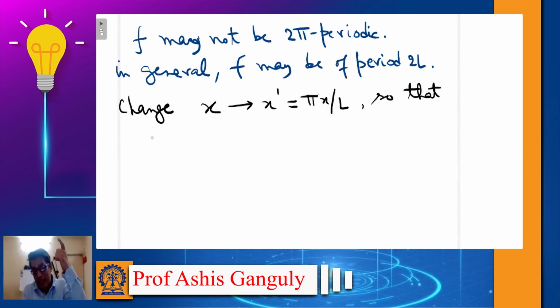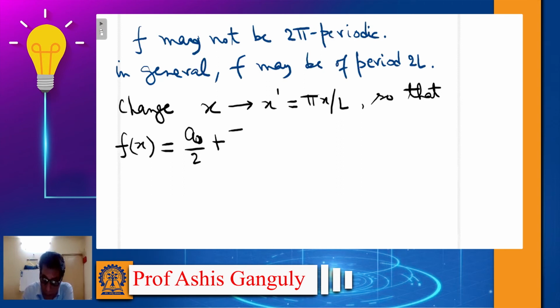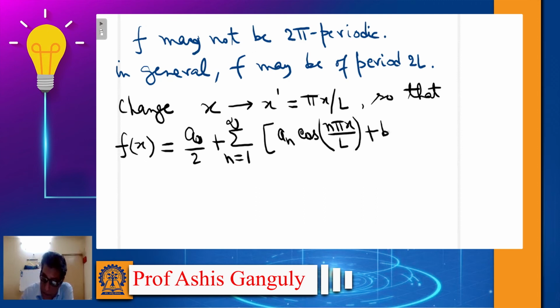I am writing the results I wrote at the beginning for a 2 pi periodic function; this time I am writing them for a general 2L periodic function. So f(x) is equal to a0 by 2 plus summation n equal to 1 to infinity an cos n pi x by L plus bn sin n pi x by L.